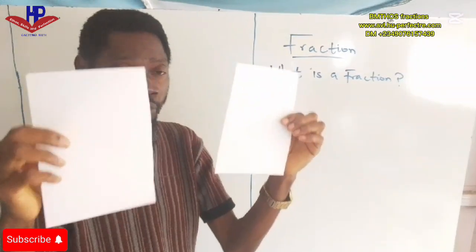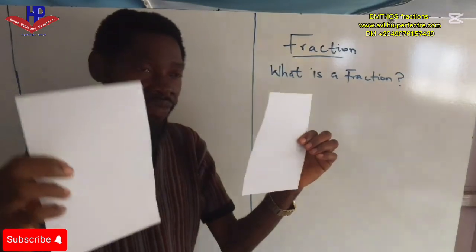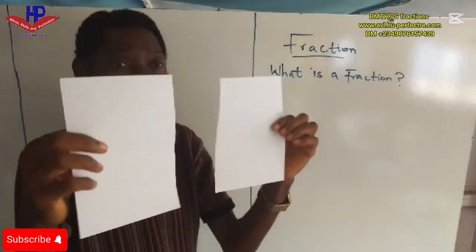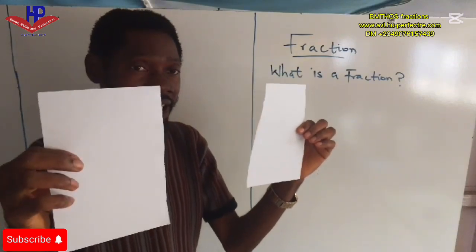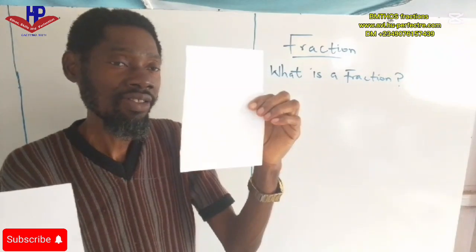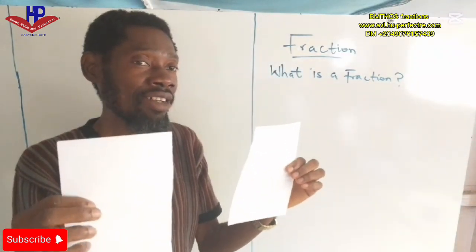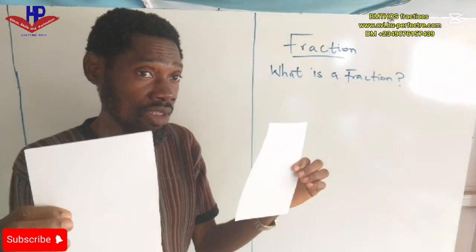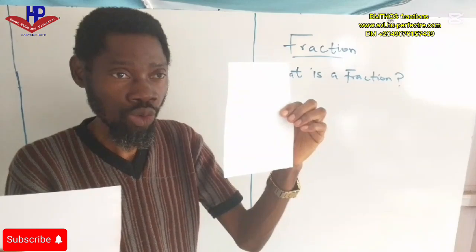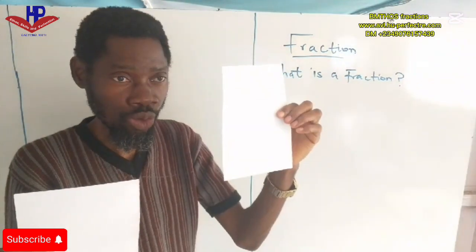So there are two parts of the whole shape. This is 1 over 2, and this is 1 over 2. If you're asked to write the fractional part of the whole shape, this will be 1 over 2, and this will be 1 over 2.